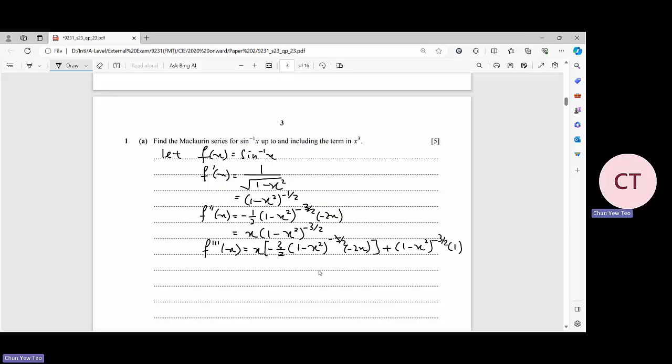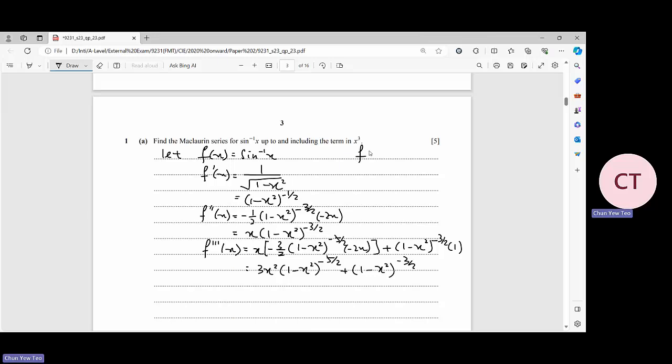Okay, so we can simplify them. Over here, you get 3x squared, 1 minus x squared, power negative 5 over 2, plus 1 minus x squared, power of negative 3 over 2.